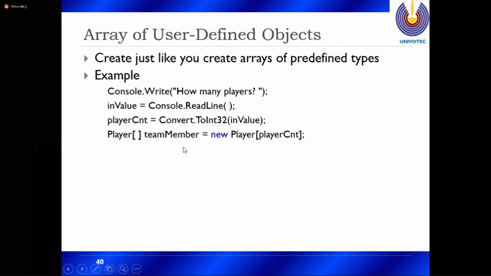Now it's team members. The number of members are there. Player is one of the objects, and the type is the object type. Each player has a name, age, some scoring, how many matches. There are details there. The name of the array is teamMember, but Player is an object.